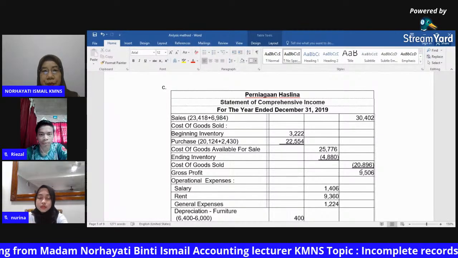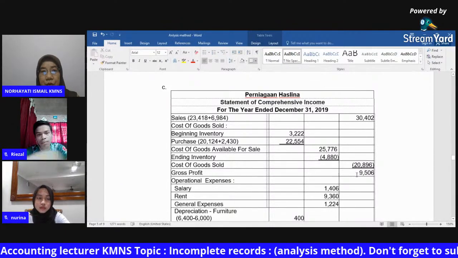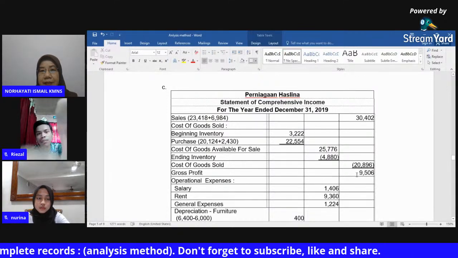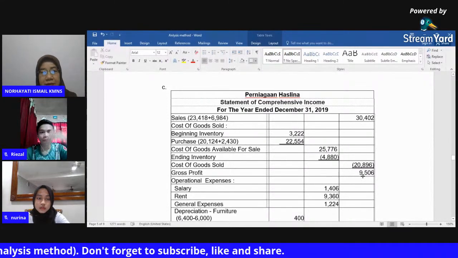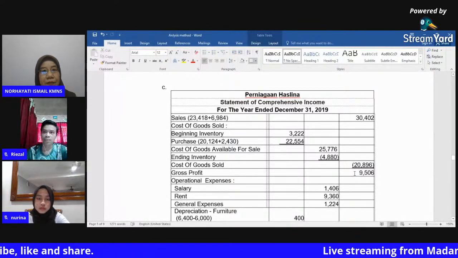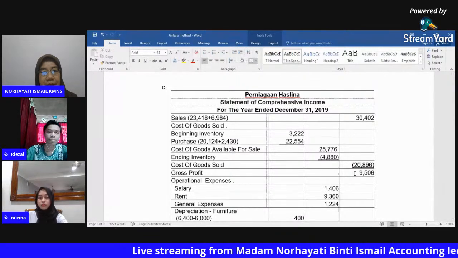So the gross profit, sales less cost of goods sold, then you get gross profit 9,506. Now the next one, we must deduct all the operational expenses.